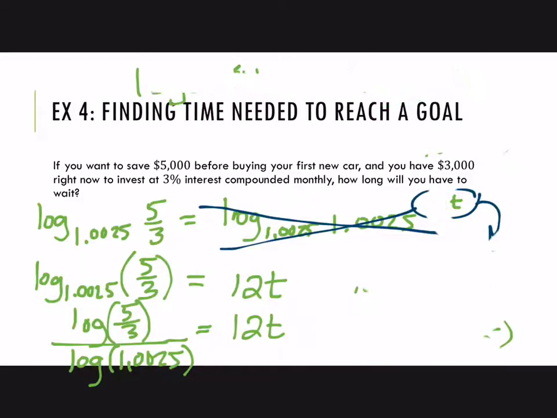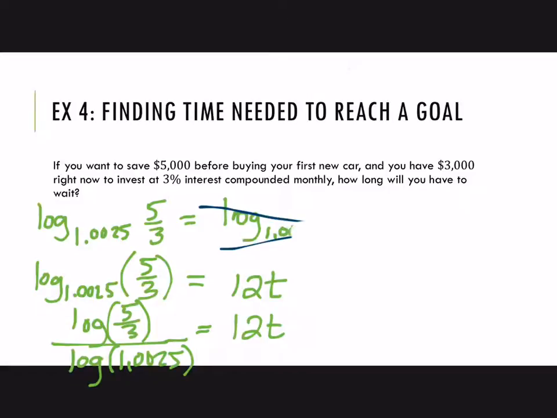Let me clear this out, get some more space. So right now I have 204.5855, and I'm going to round that last 5 to a 6. And that equals 12t.